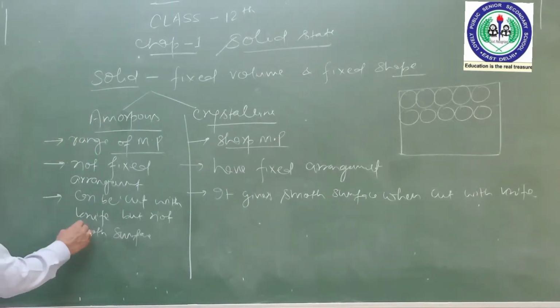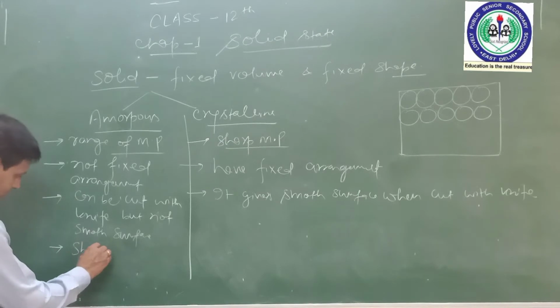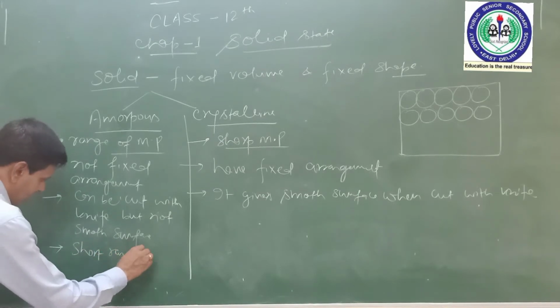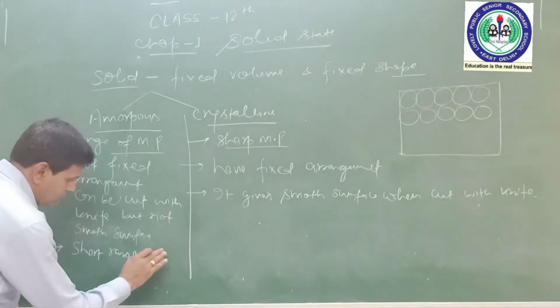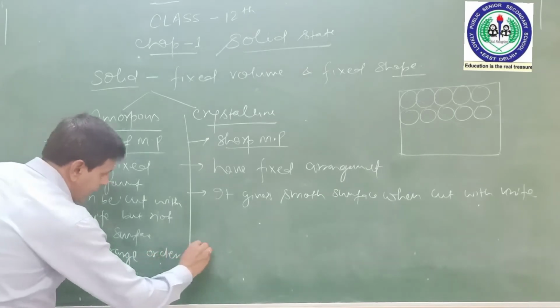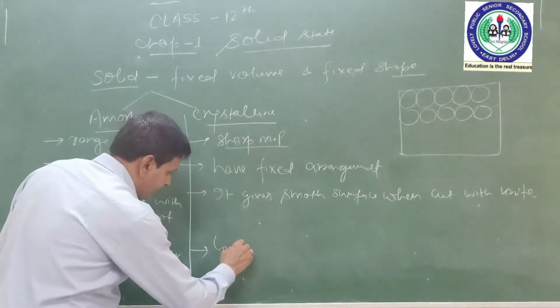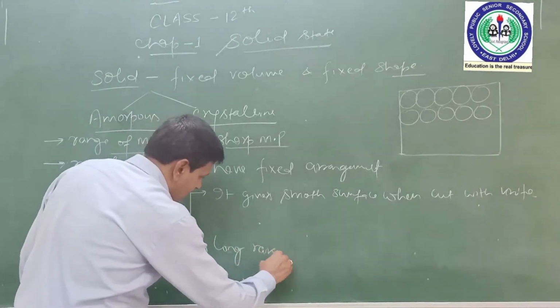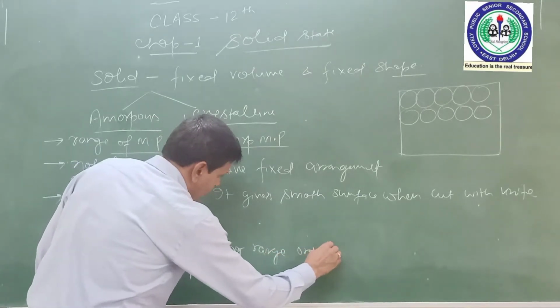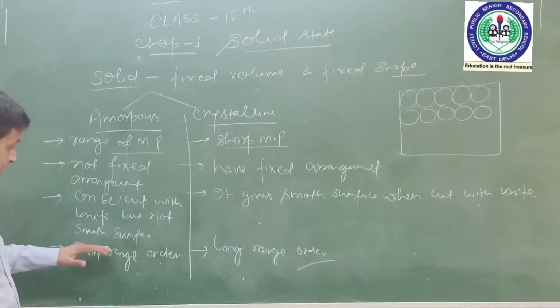What is the next and last point through which we can distinguish between amorphous and crystalline? The last point is that amorphous has short range order and crystalline has long range order. What is the meaning of short range and long range?